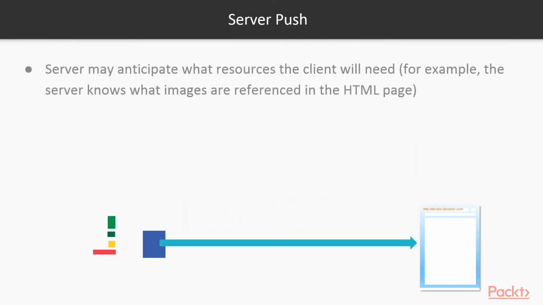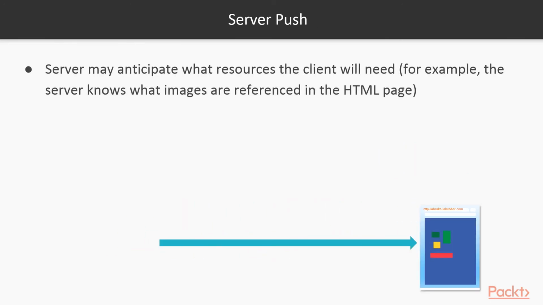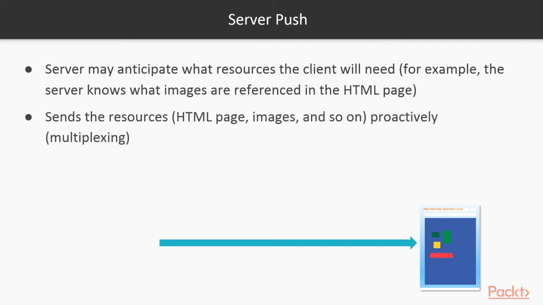Server push. The server may anticipate that a resource that the client needs will require other resources, even before the client knows it. The server, for example, sends an HTML page that references several pictures. And this is actually the example that we will look at in the next video. Then the server knows that these images are referenced, so the client will need them.